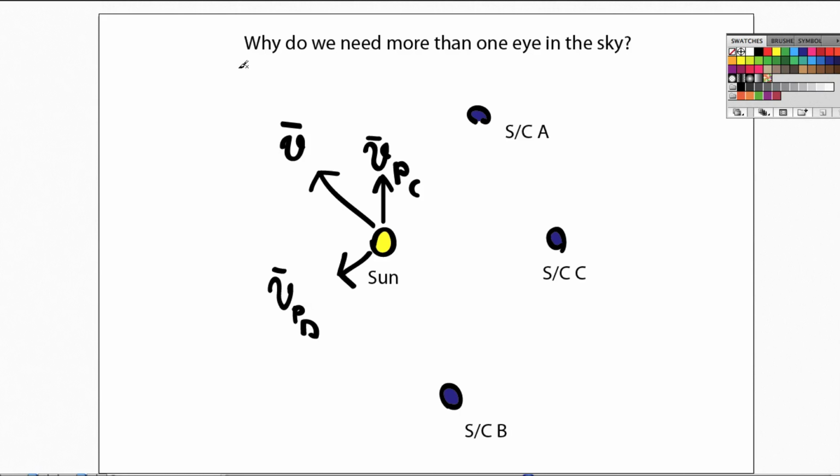That's the fundamental reason why we need more than one eye in the sky: to extract three-dimensional information about these propagating structures in the solar corona. And that ends this tutorial.